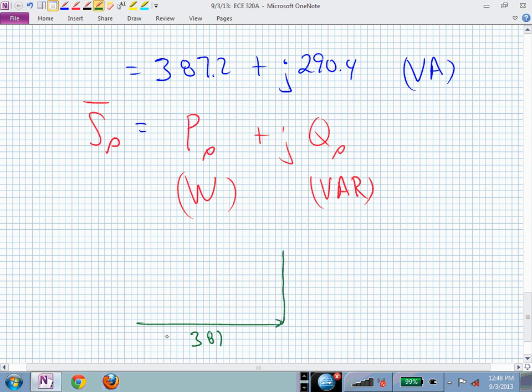So here's P. And here's Q. And now if I wanted to, I know that this is that 484 at an angle of 36.87 degrees. And that's the picture of the power triangle associated with this circuit and what the source is doing for us.